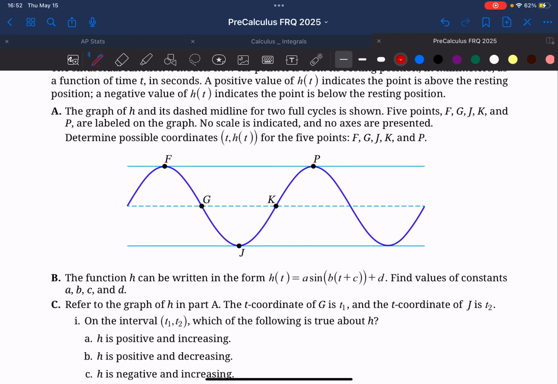So what I would do first is go ahead and try to label as much as possible. So we know that above the midline is a positive 2 and below the midline is a negative 2. And then we also know that from this beginning point here all the way to this ending point here is going to represent 2 seconds.